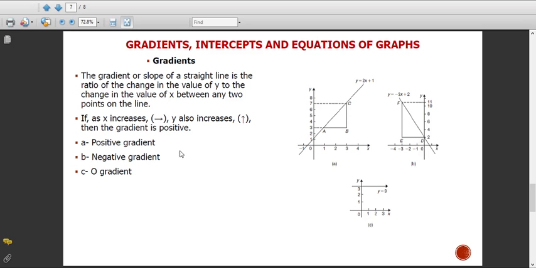And then if a change in one value is not affected by the other value, we shall always have a zero gradient, or there will be no change. For example, here in part C, we see that x is increasing but y is constant. So similarly, it could even be y increasing but x being constant. The gradient there will still be 0.